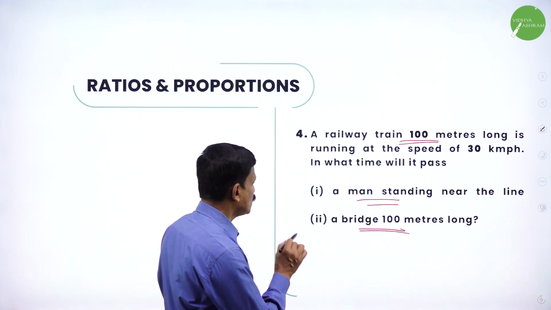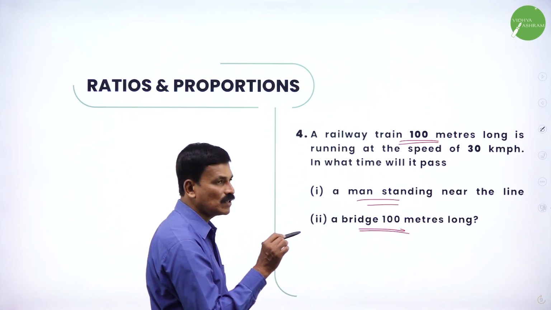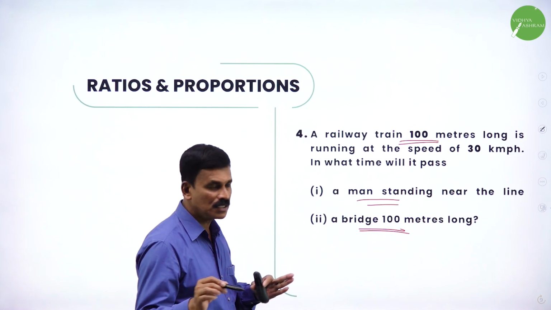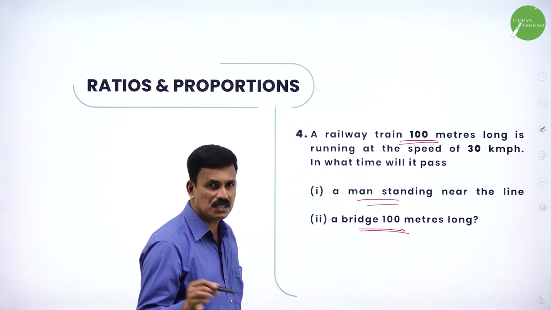So you have to calculate the time for a man standing near the train, and the second one, for passing a bridge of 100 meters long.